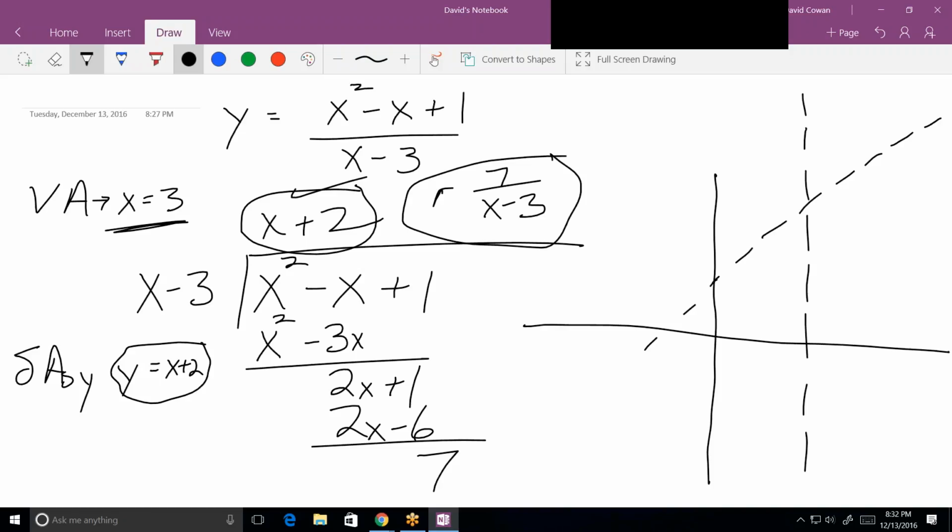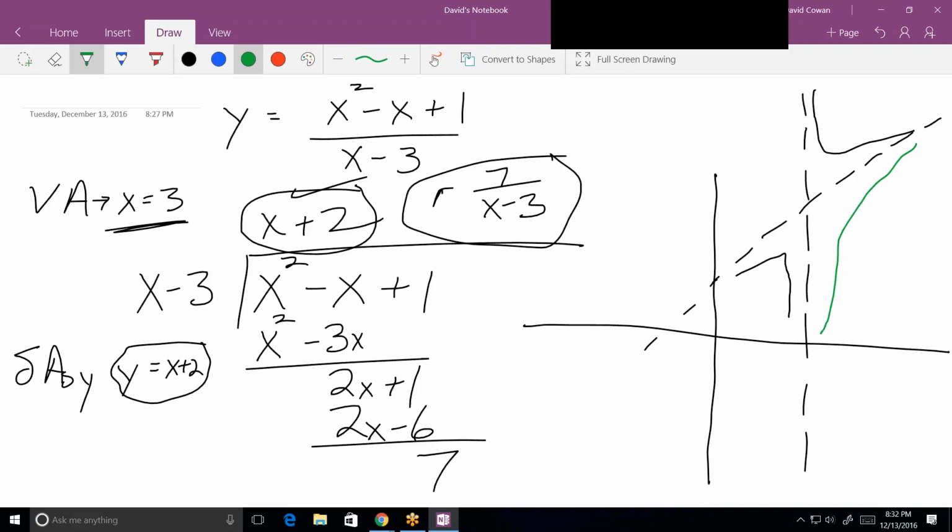Now, this one, again, I wonder if there's a way to figure out which quadrants. It's one of two things. What if you could figure out the y-intercept? That or this.